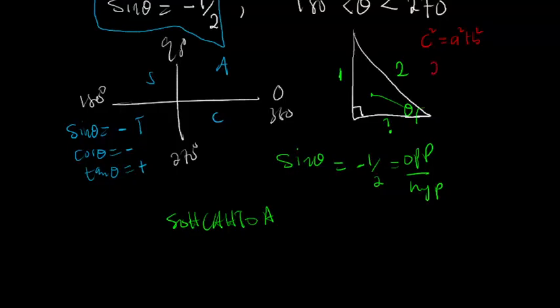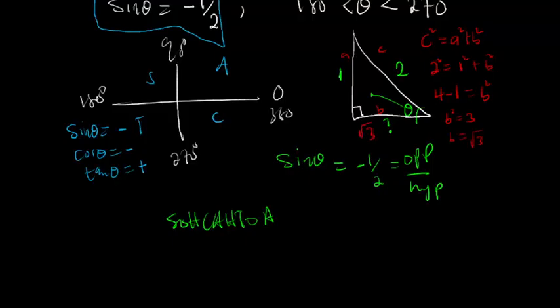That means we have 2 square is equal to 1 square plus, let's say, b square. If this is c, this is a, and this is b, so we have 4 minus 1 is equal to b square. So b square is equal to 3. So b is equal to root 3. Good.